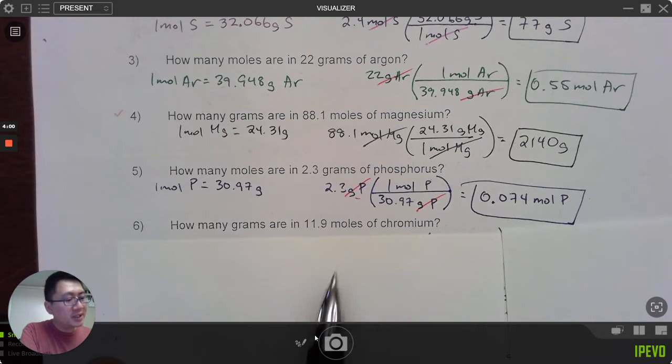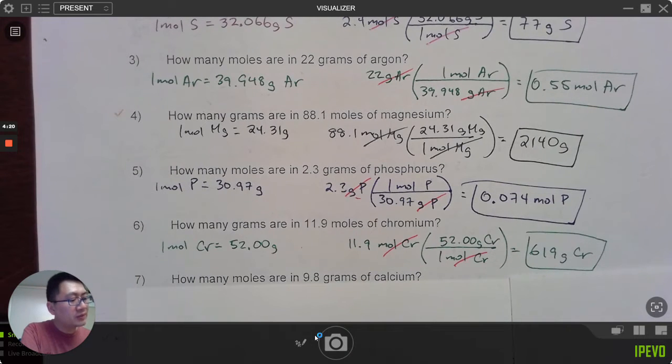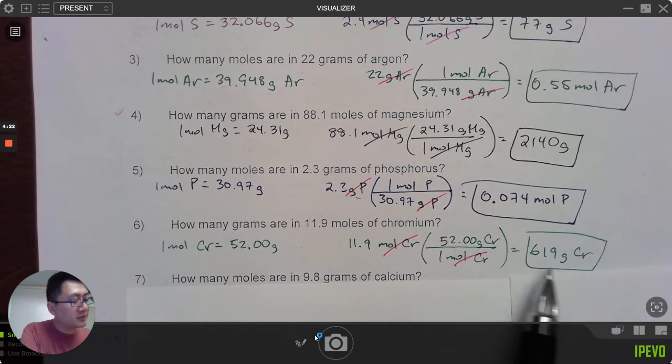Okay, next. How many grams are in 11.9 moles of chromium? First step, find how many grams are in a mole of chromium. On a periodic table, 1 mole of chromium weighs 52 grams. So 11.9 moles would be 11.9 times 52, or 619 grams. 3 sig figs.